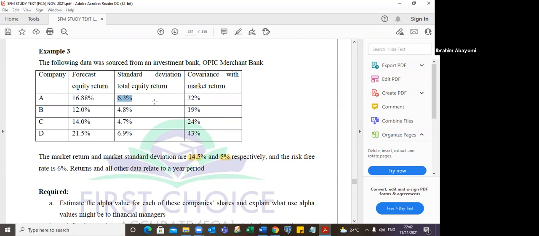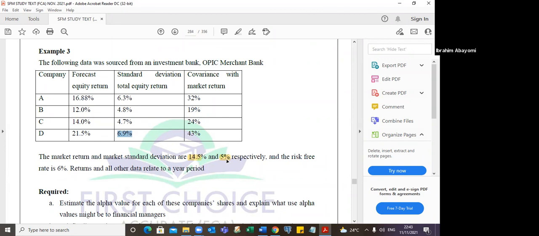That is the beta of A. You do the same thing for B: 4.8 divided by 5. You do the same thing for C: 4.7 divided by 5. And 6.9 divided by 5. This will give you the beta of all the shares. And that is requirement A. Sorry, no, that's just the beta.